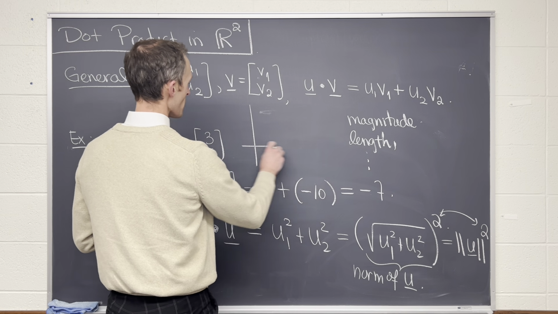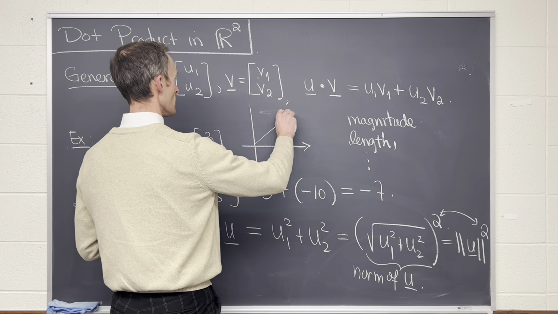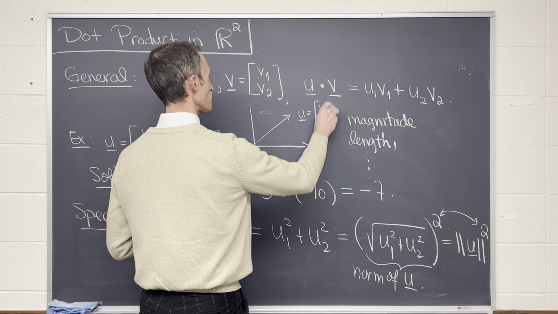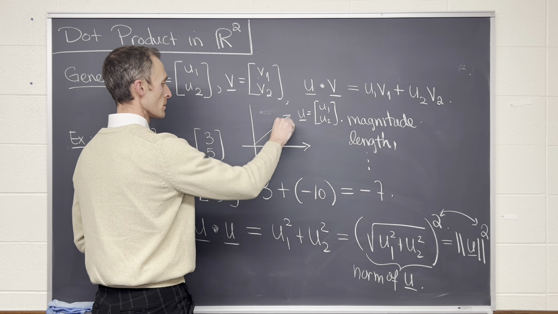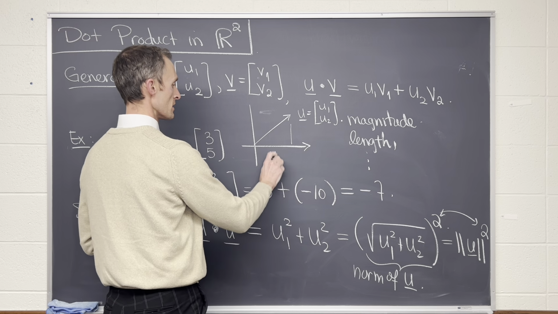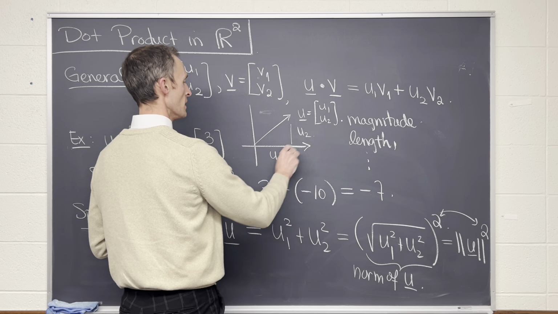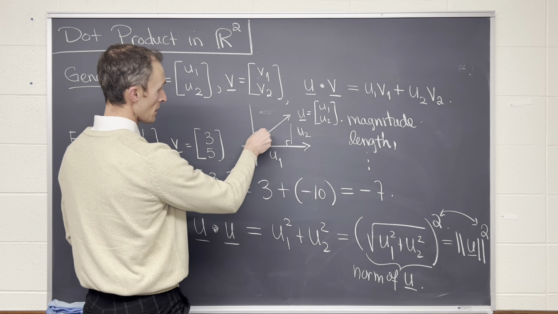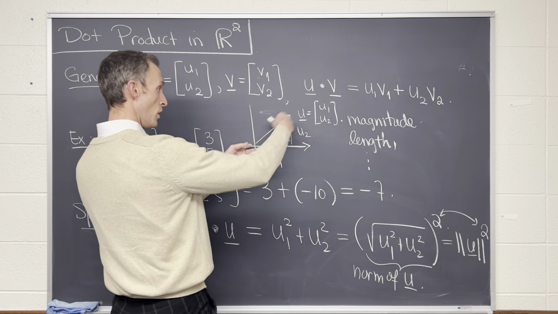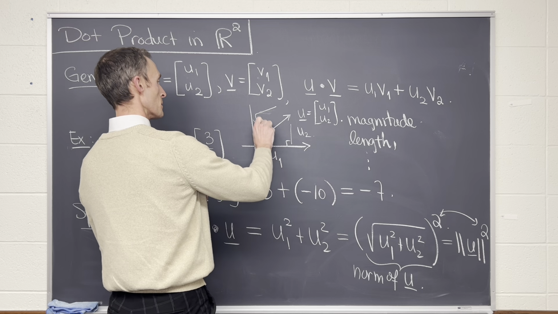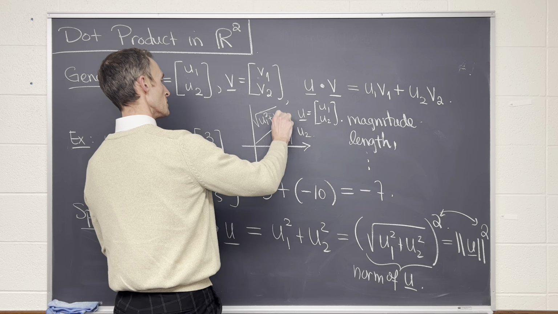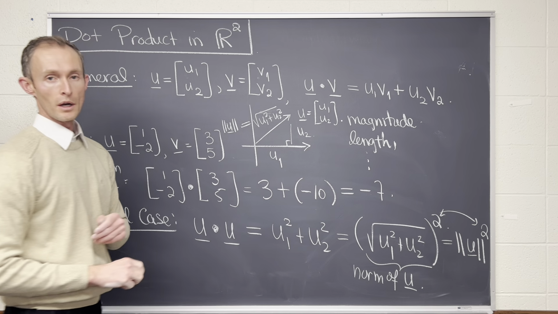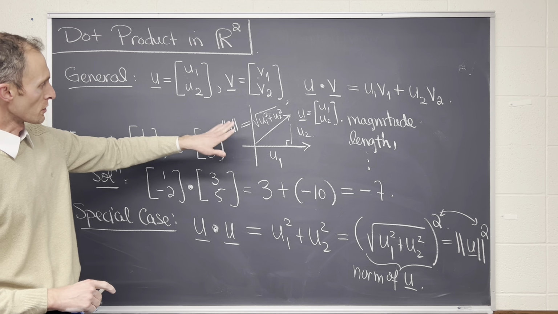It's because if I draw the vector u, so here's u, with components u1, u2, and I drop that down and look at this as u1 and this as u2, that makes a right triangle. The Pythagorean theorem tells me that the length of u, how long this vector is, is the square root of u1 squared plus u2 squared, which I denote by the norm of u, these two vertical bars.